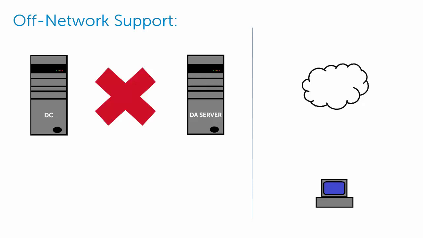But now in Desktop Authority 10, with the addition of off-network support, Desktop Authority can run in these instances. Off-network support is accomplished by using Desktop Authority's replication capabilities to replicate the configuration settings and the necessary files to a configured Internet Cloud service.